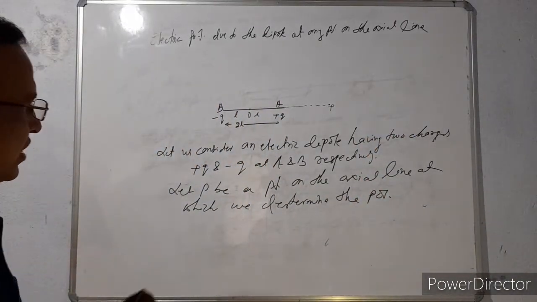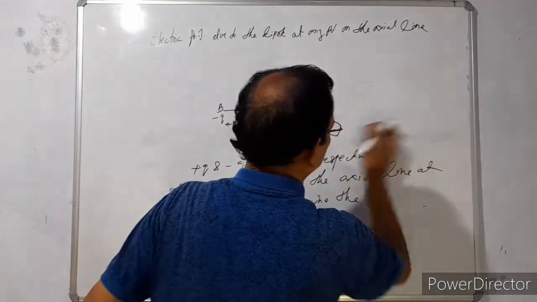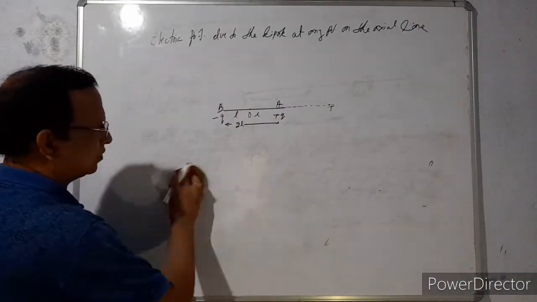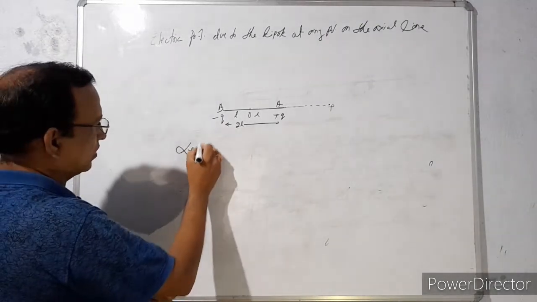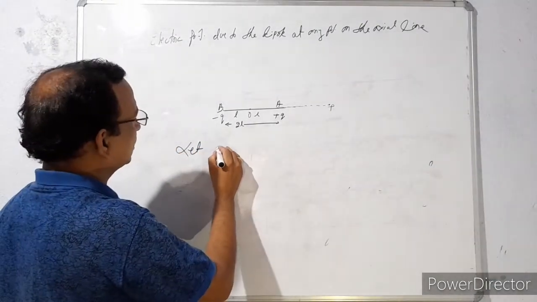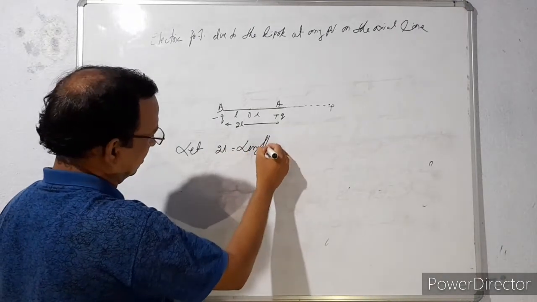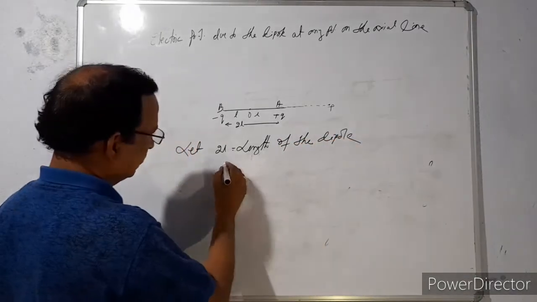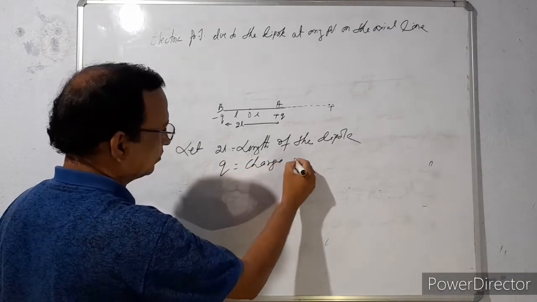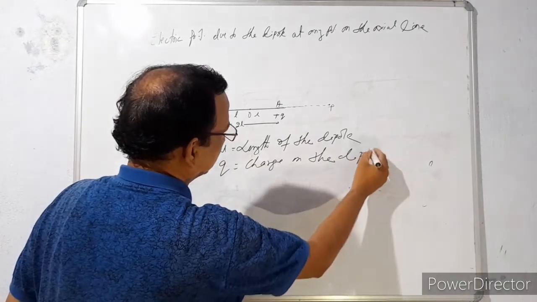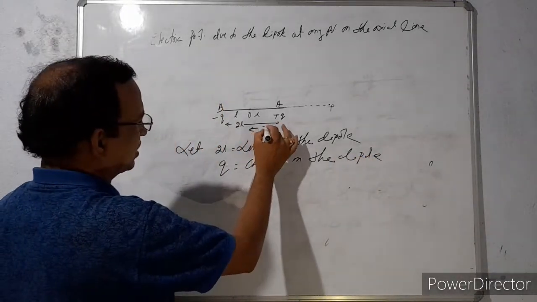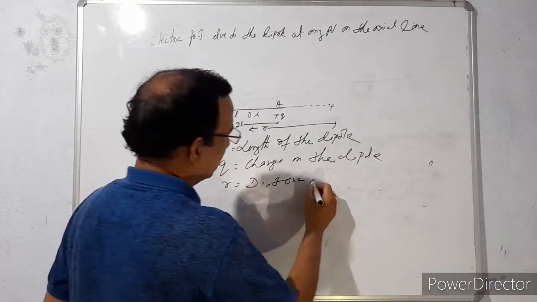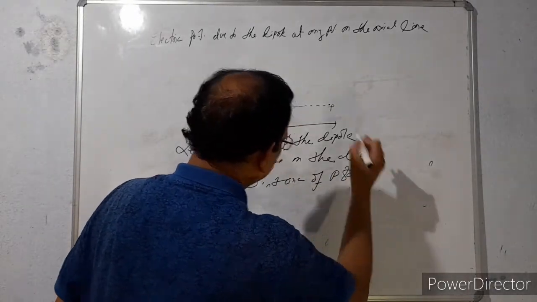Here, let L be the half length of the dipole, Q the charge on the dipole, and the distance R is the distance of P from O.